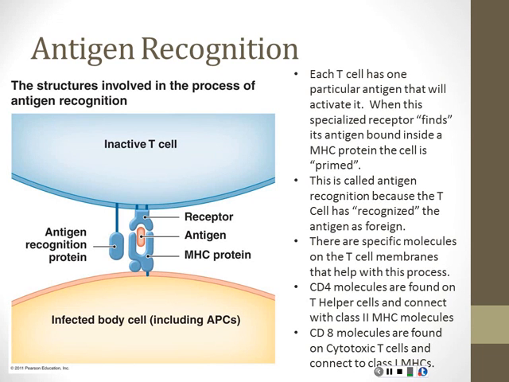All right, so CD8 and CD4. All lymphocytes kind of look the same under the microscope, right? So we have to have ways of telling them apart. And one of the ways is to look at what's on their cell surface. So cytotoxic T cells are often called CD8 cells because that's a marker on their surface. T helper cells are called CD4 cells.